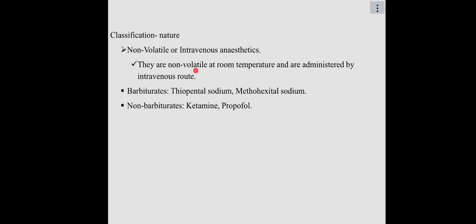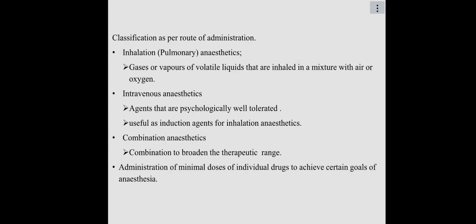So when they hit the brain, they will also move out from the circulation, move out from the brain, and go to the surrounding tissues. And therefore, they have a very short duration of activity. So you have the barbiturates, you have thiopentone sodium, methohexitone sodium, and you have also the non-barbiturates, where we look at ketamine and also propofol. So that's one classification.